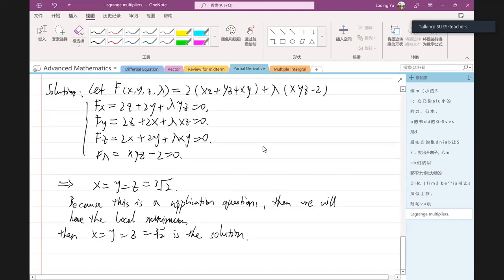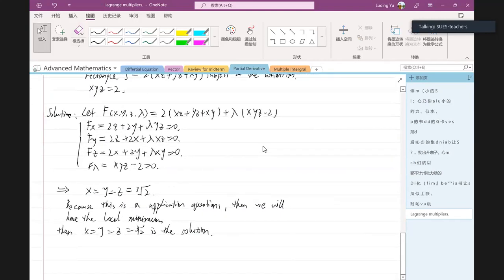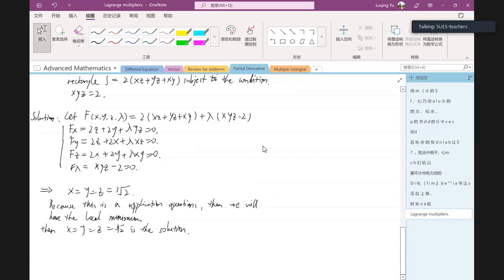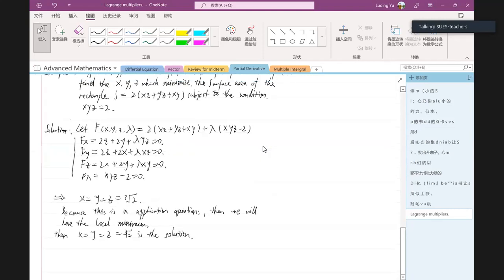Okay, so when we're discussing the Lagrange multiplier, the first step is writing out the function of our Lagrange multipliers, like what we did in defining the local maximum and local minimum.